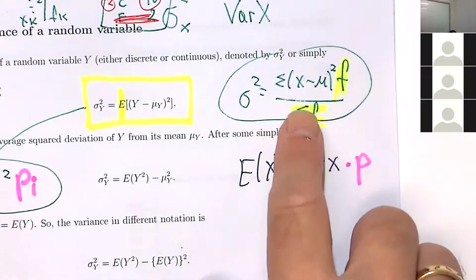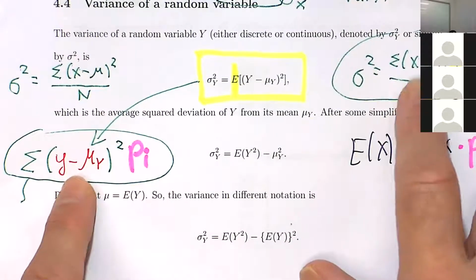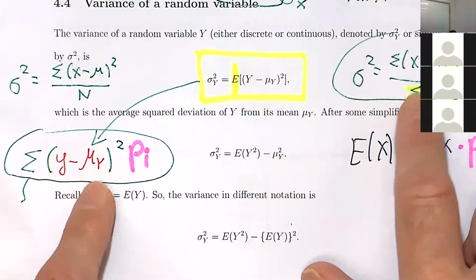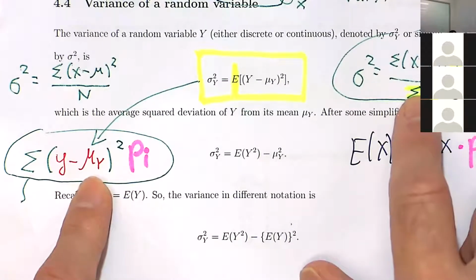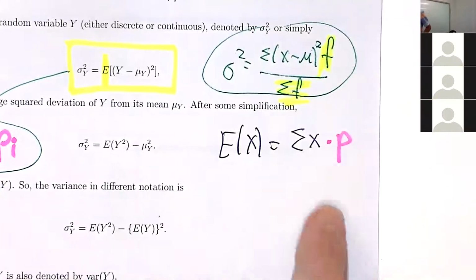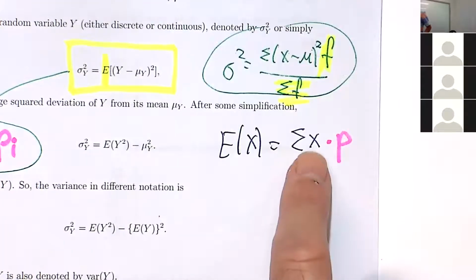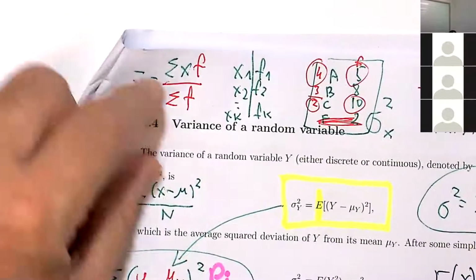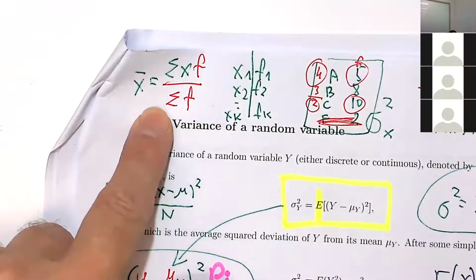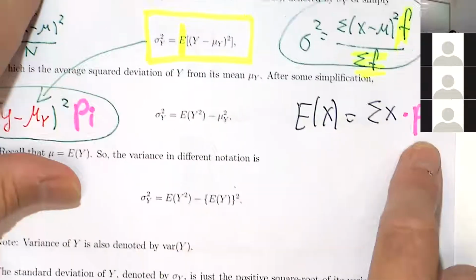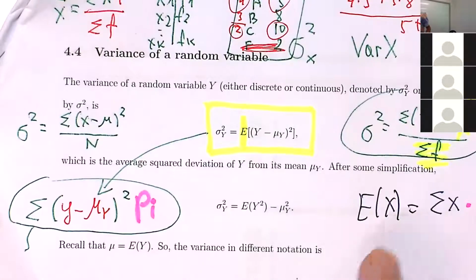So these two things are the same according to the classical theory of statistics, in the same way as this formula for the expected value is the same as this formula for the x bar. So f over sigma f is probability. Here we have probability. So in the long run, expected value is nothing else but the mean.